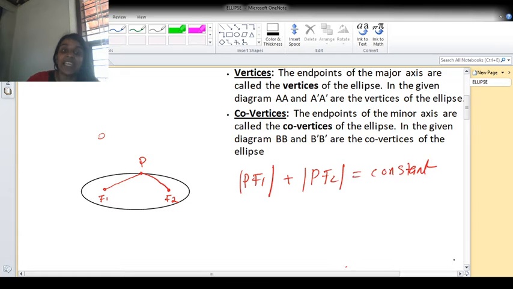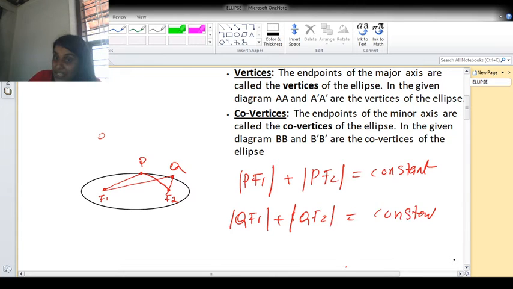You can take another point here, that is Q. So QF1 plus QF2 is also the same constant. Let me take this constant as 2A. So the sum of these two distances is also 2A.